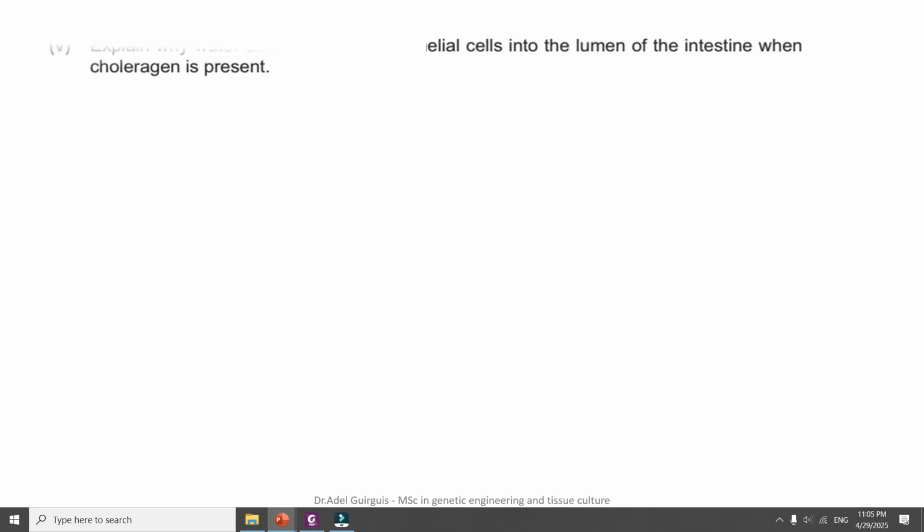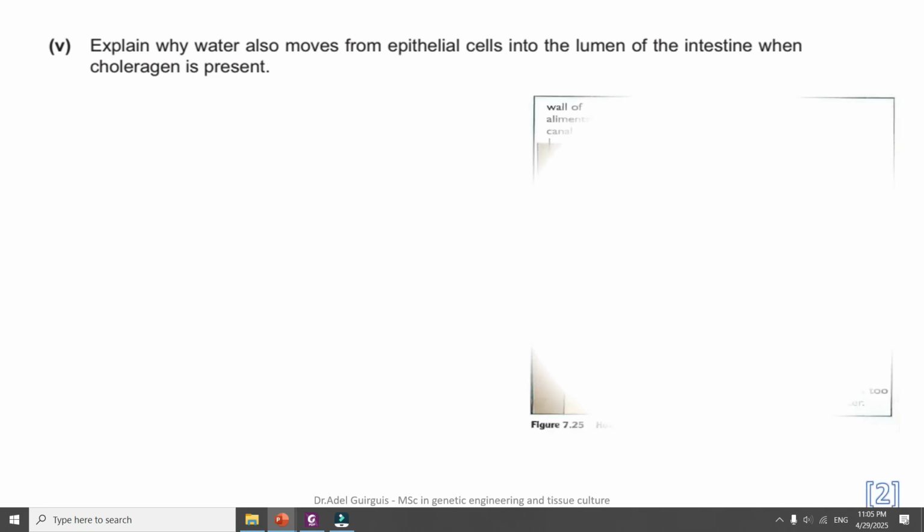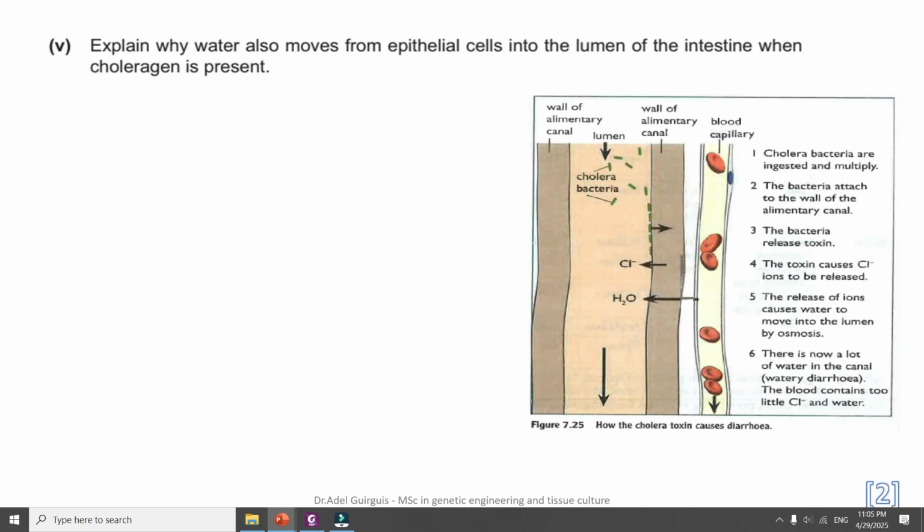Now for V, explain why water also moves from epithelial cells into the lumen of the intestine when choleragen is present. Here is the mechanism of loss of water and minerals from the intestine.